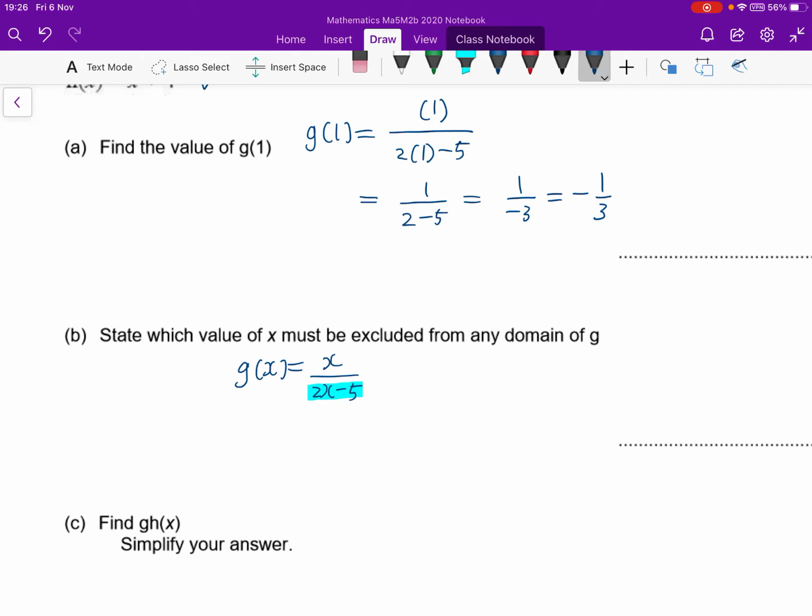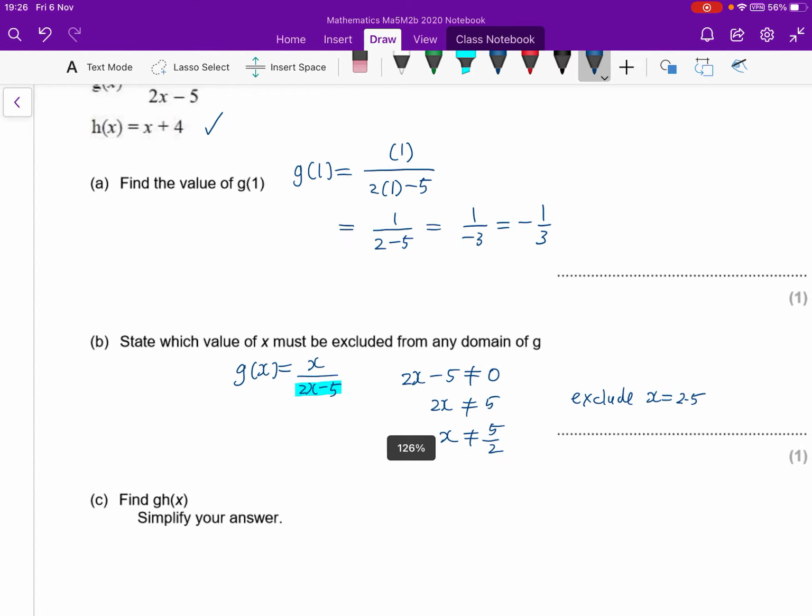Therefore, we know right away 2x minus 5 cannot be equals to 0. So solve this. Plus 5 both sides, 2x cannot be 5. x cannot be 5 over 2. So you say we need to exclude x equals to 2.5.